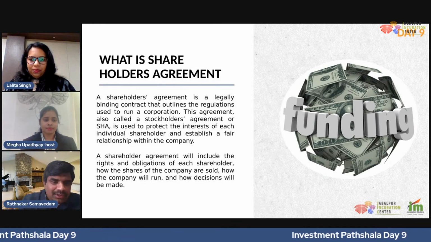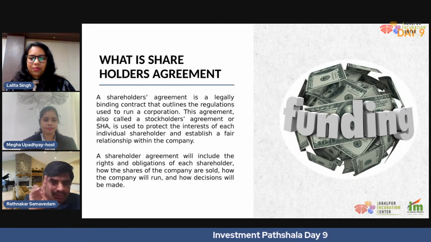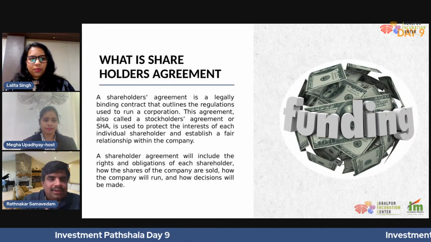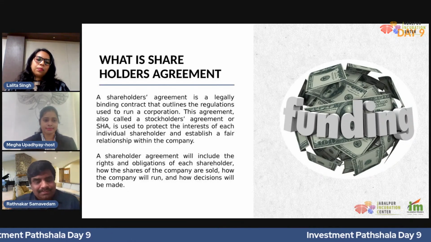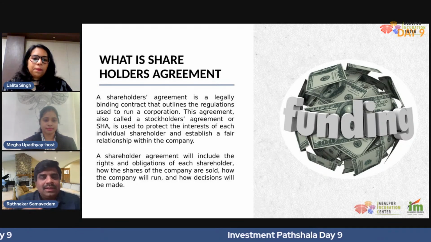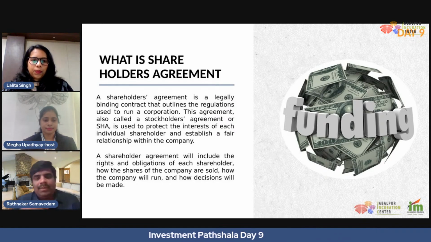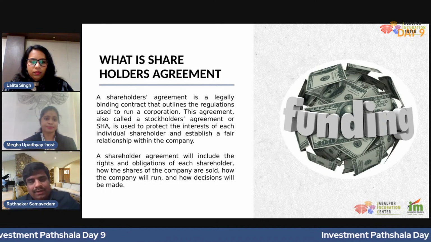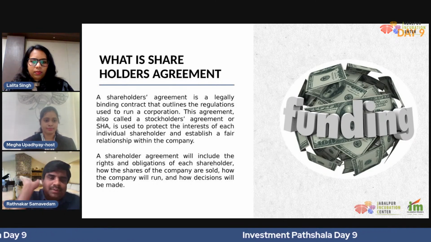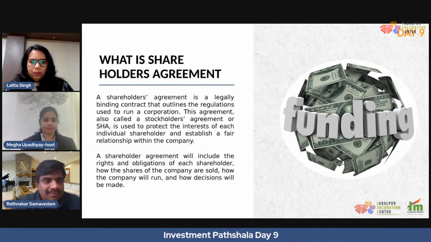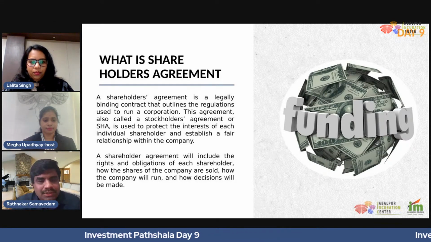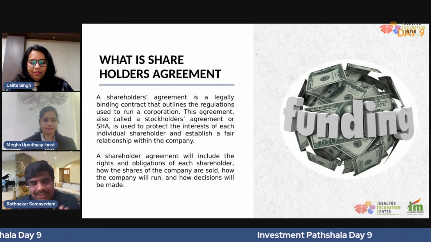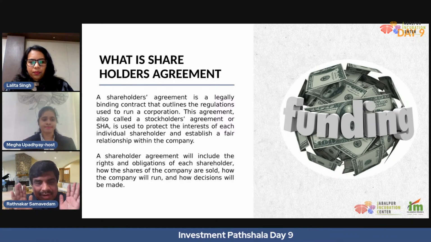Even if I hold 10, 4 or 2%, please understand, if I am given the drag right, I will identify a buyer who says he wants to take over 51% of the company. Under the drag right, I can sell the company, saying the promoter will sell his 51% and give my money back. You have no obligation to stop it because you signed the shareholders agreement and term sheet. Please remember, read the drag right very carefully.